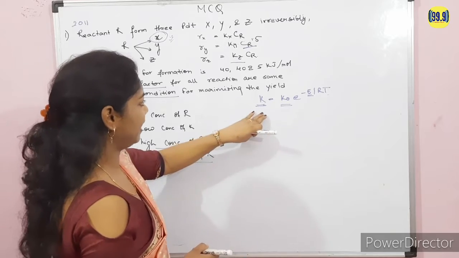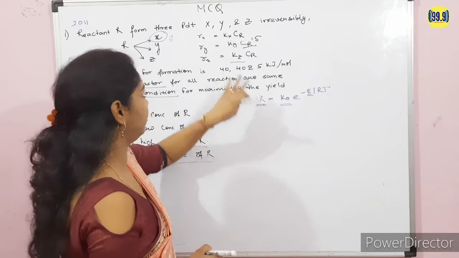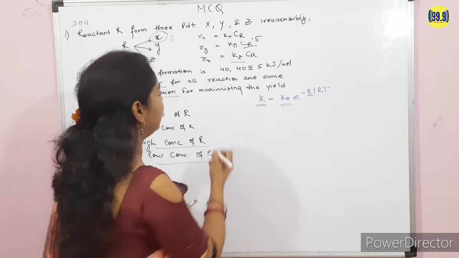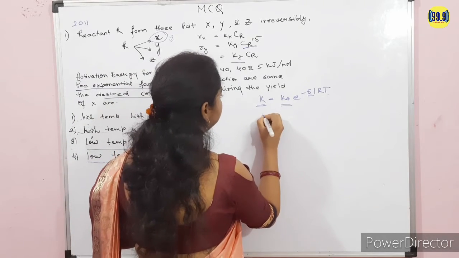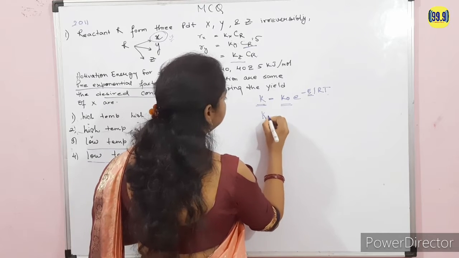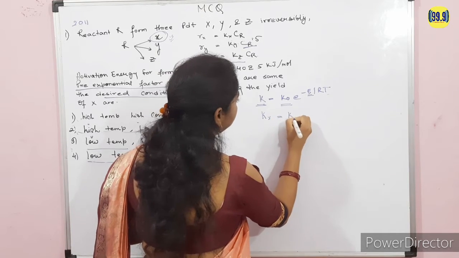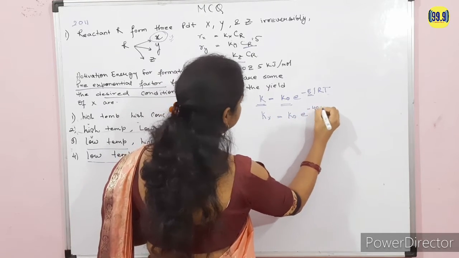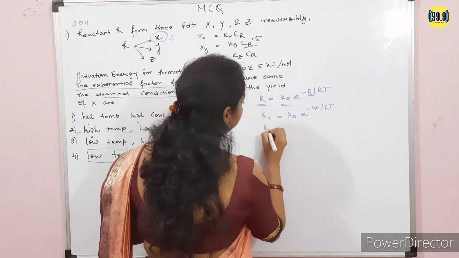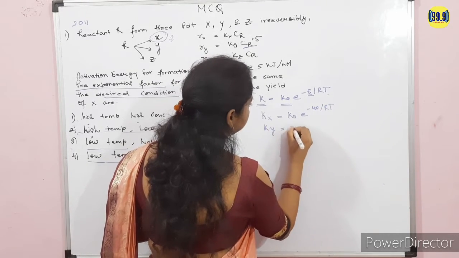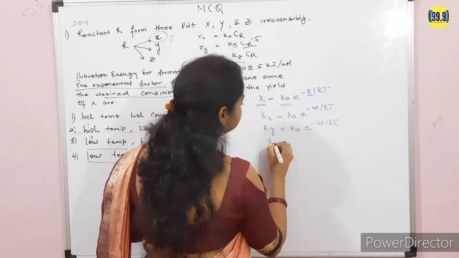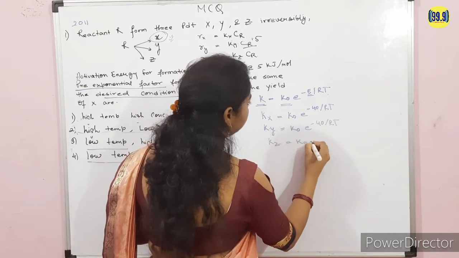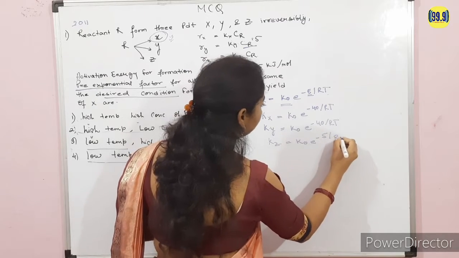So we can write the rate constants for all the products with their activation energies: Kx is equal to K naught e to the power minus 40 upon RT, Ky is equal to K naught e to the power minus 40 upon RT, and Kz is equal to K naught e to the power minus 5 upon RT.